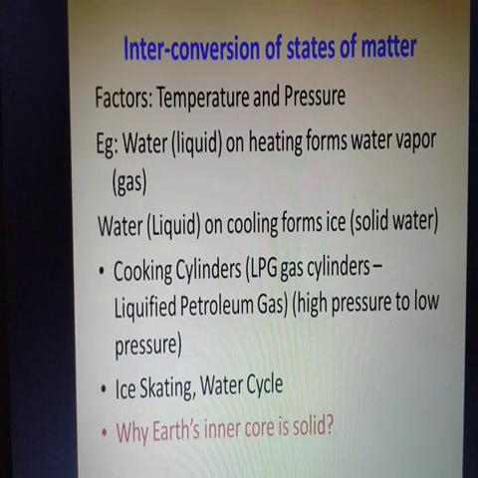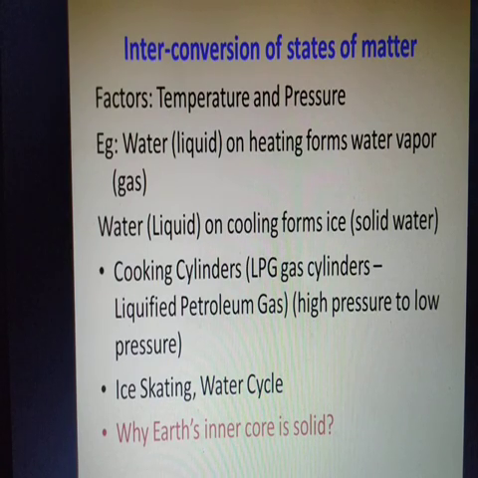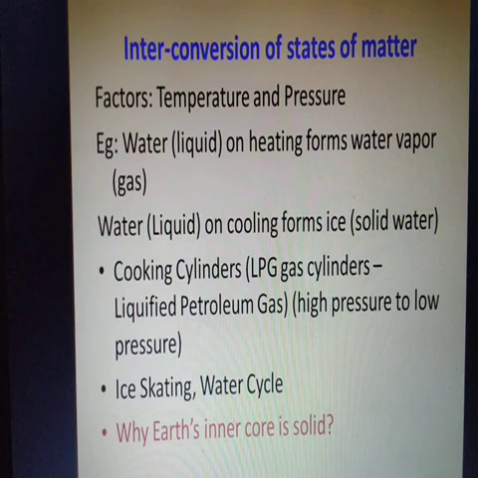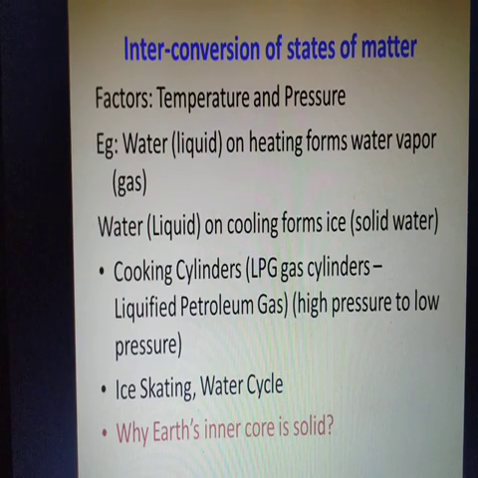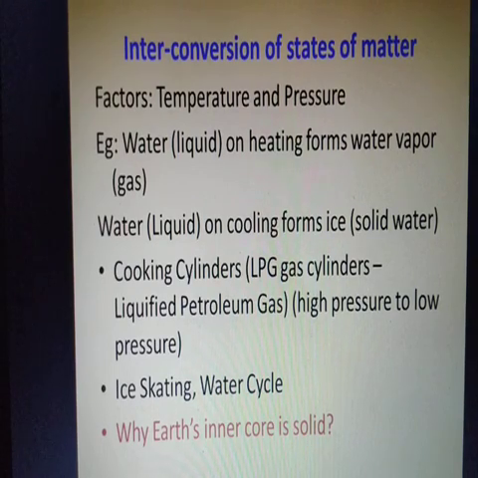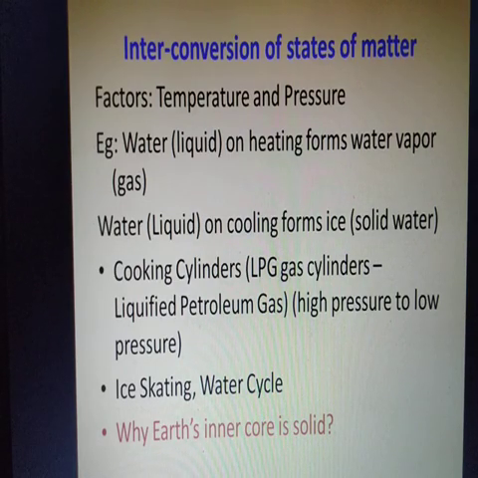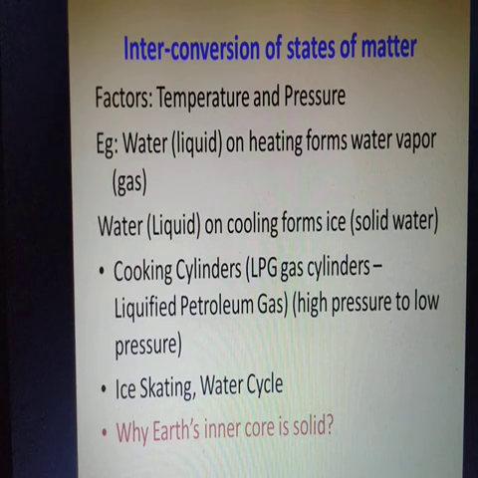But when I say interconversion, it means from solid to liquid to gas, again gas to liquid to solid, and so on. This cyclic process has to be there. Interconversion of states of matter includes this cyclic process.